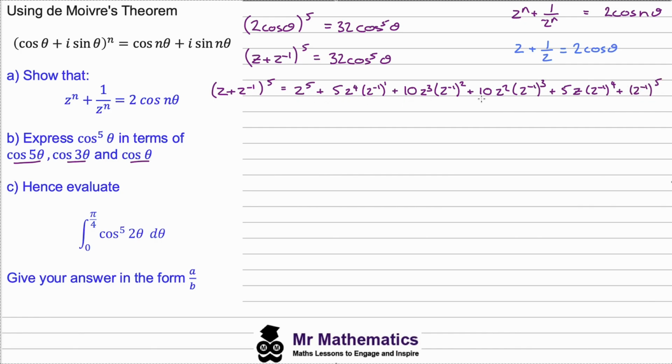We can simplify each of these. So we'll get z to the 5 plus 5. Then we've got z to the 4 times z to the negative 1.